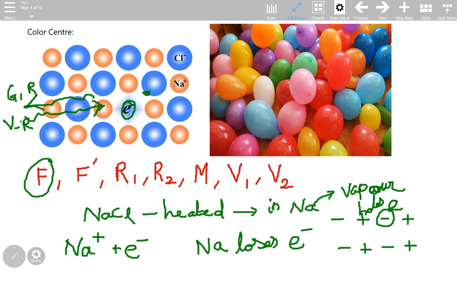Violet, blue, yellow, all the things will be used, and only green or red, for example, is not used, which means only green will be reflected out. So you will see that crystal as green color. This is one of the reasons behind this, which we call the F center. The next thing we are going to see is F prime.